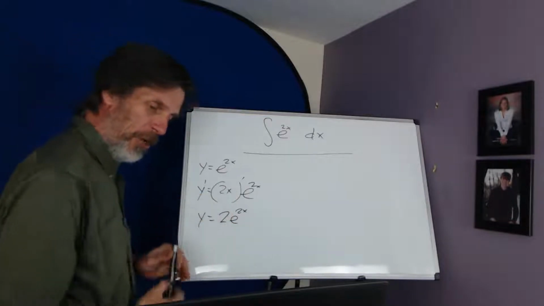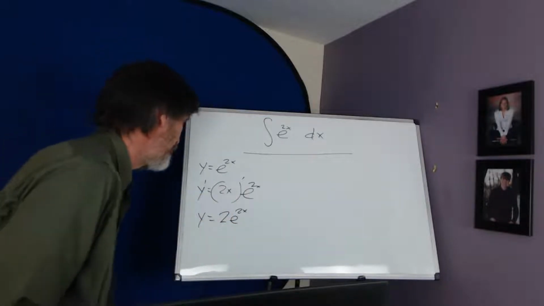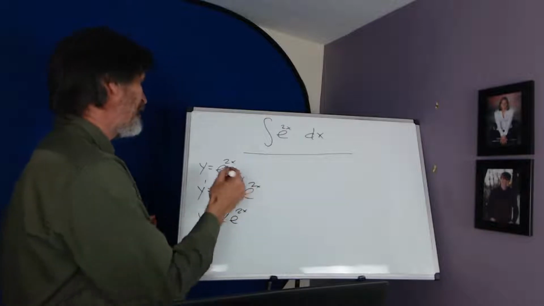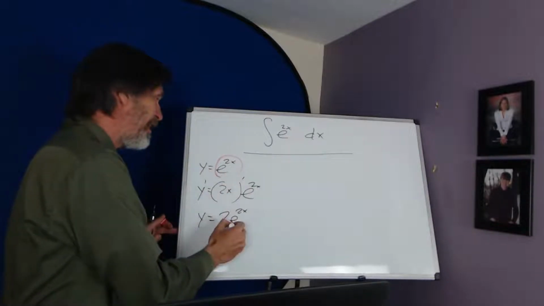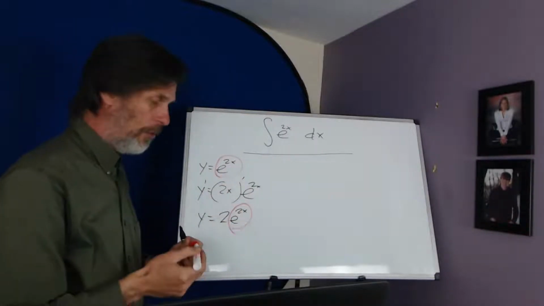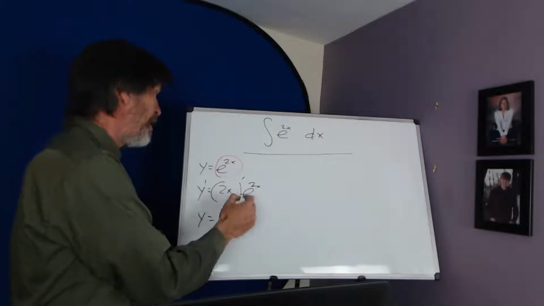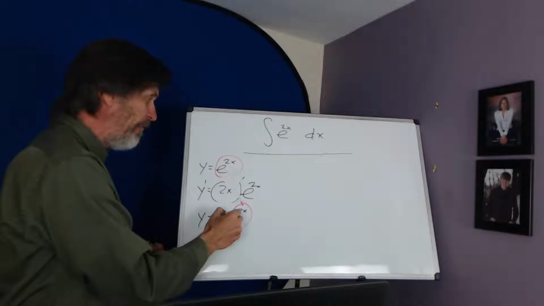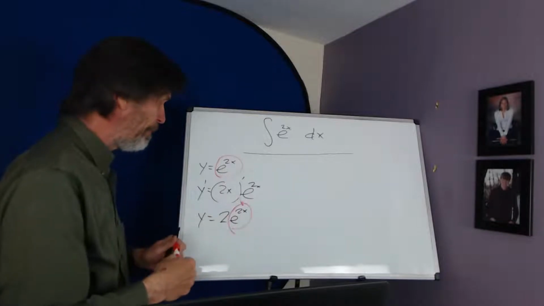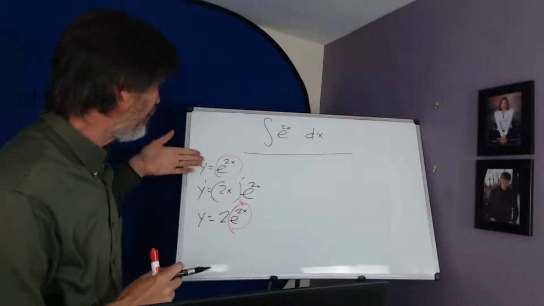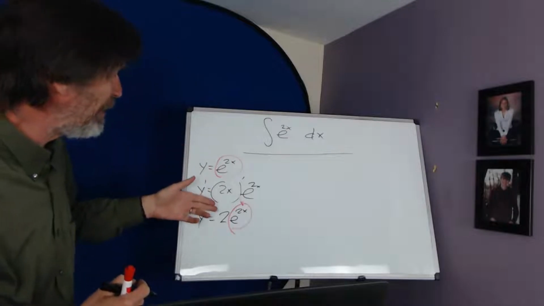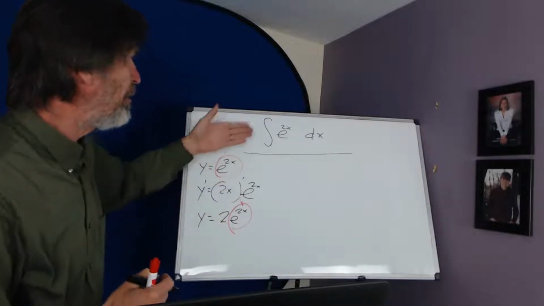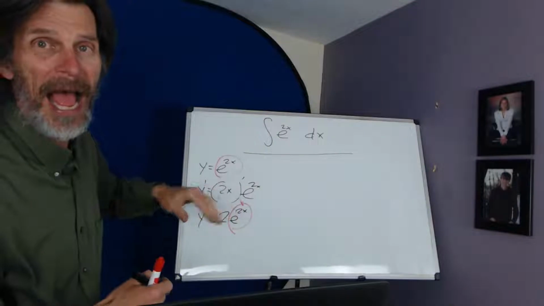So notice that going from the original to the derivative, we keep the e to the 2x. That stays exactly as it was. That's really just a copy thing. The only difference between the function and the derivative is the derivative has a factor of 2 out in front. So thinking forward on this one, if the derivative of this gets multiplied by 2, then for the antiderivative, we should do the opposite.